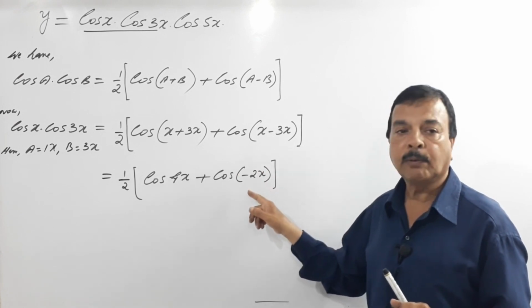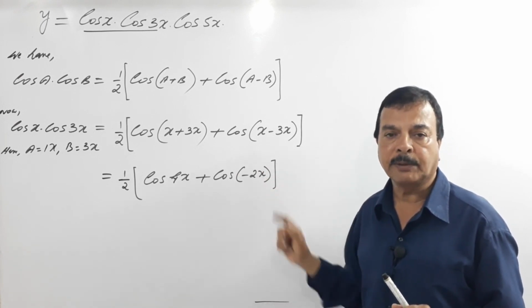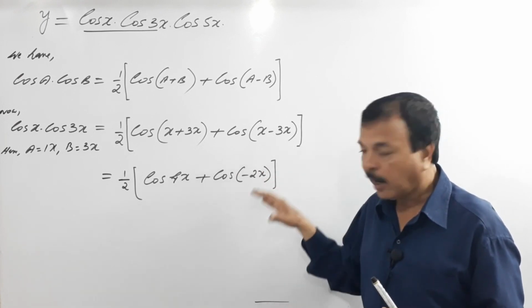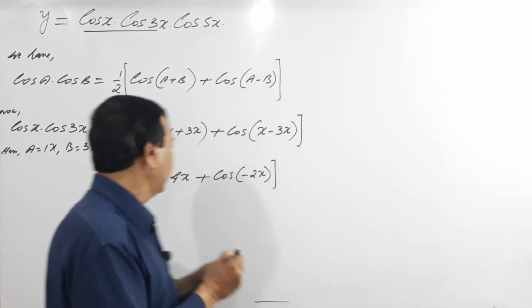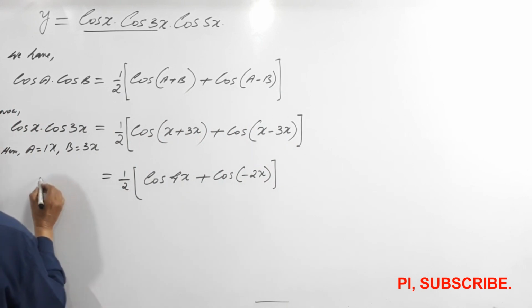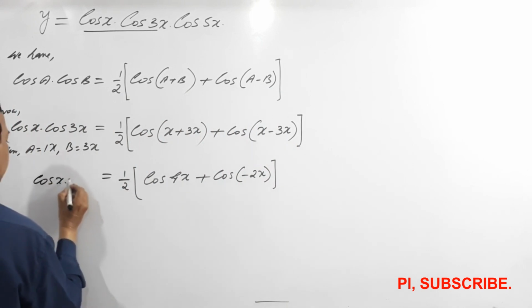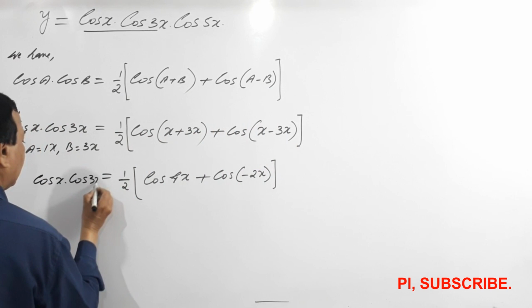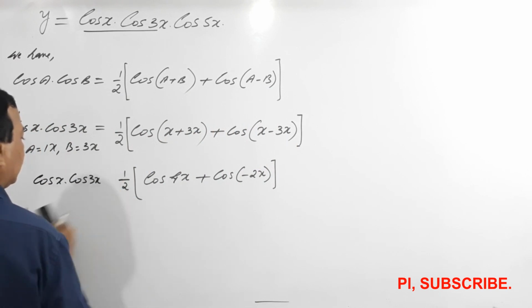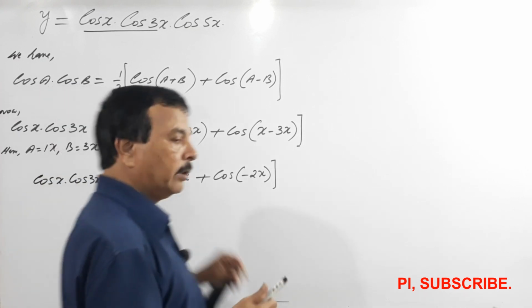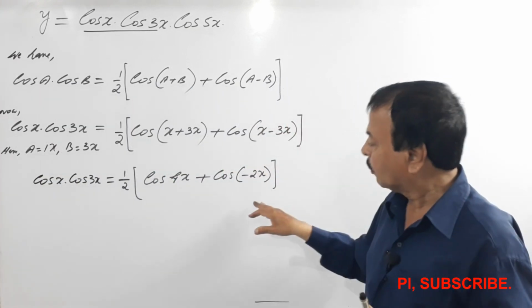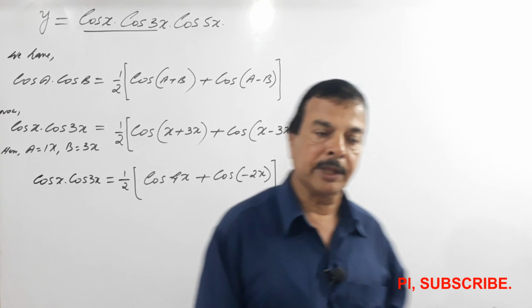But you have to avoid this minus sign. How do you avoid it? You have to come to this level. Now we write the left hand side: cos x into cos 3x. I will show you what you have to do in the examination.